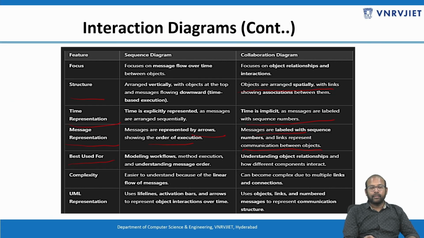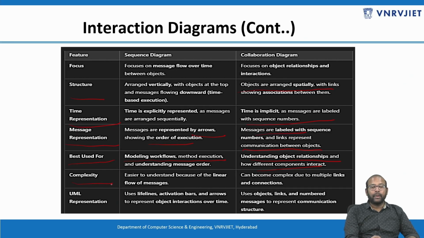Sequence diagram is best for modeling workflows, method execution, and understanding message order. If you want to know the message order, then definitely go with a sequence diagram. Otherwise, you can simply go with the collaboration diagram, because it is easy to understand the object relationships, there is no clumsiness, so it is easy to identify the relationships and also how different components interact, that you can see clearly in the collaboration diagram.